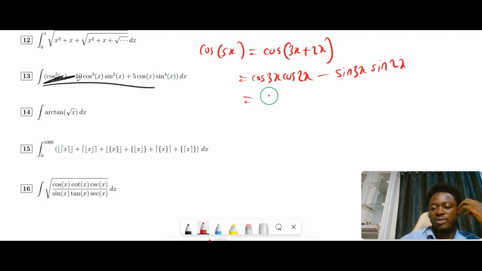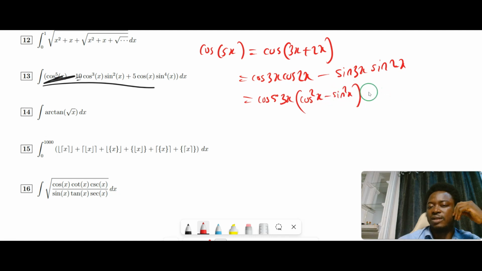So that would be cosine of 3x, not known, but cosine of 2x is known. So this is cosine of 3x times cosine of 2x, which is cosine squared x minus sine squared x, and then sine of 3x is not known yet, so this is sine of 3x, and then sine of 2x is 2 sine x cosine of x.